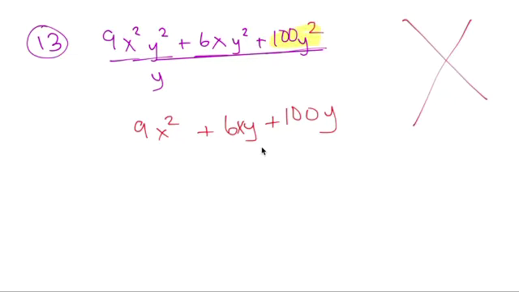Factor by grouping. No, perfect square. Look at that. Perfect square. So we get 9x plus 10y. That's 100.